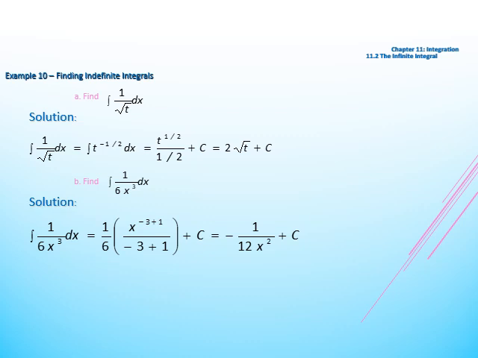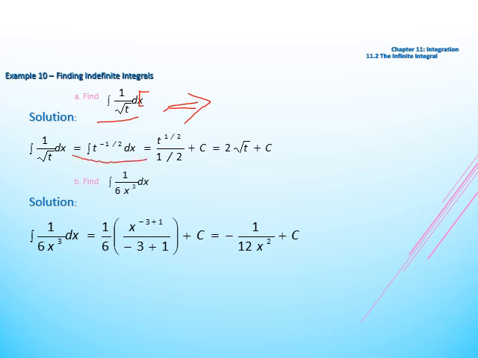Another example, find the integration of 1 over root t dt, not dx, dt. To find this, we can turn it into a power, getting rid of the radical sign and giving the denominator a negative power.